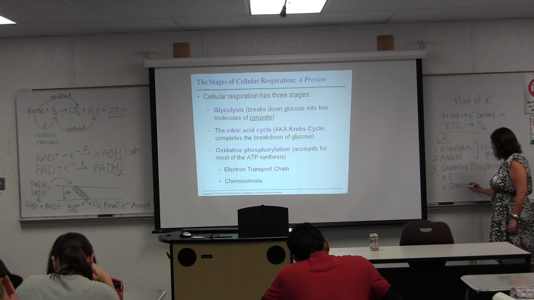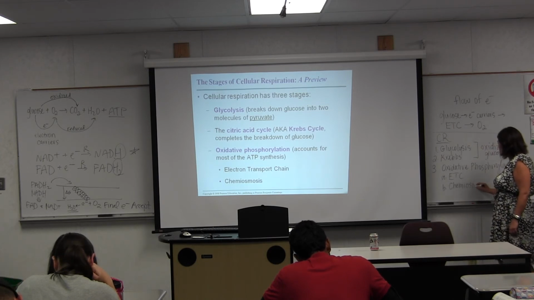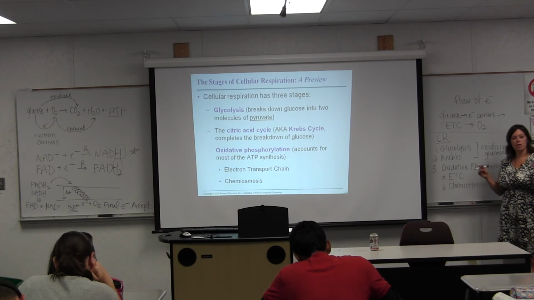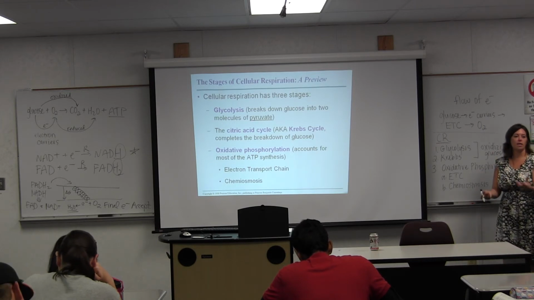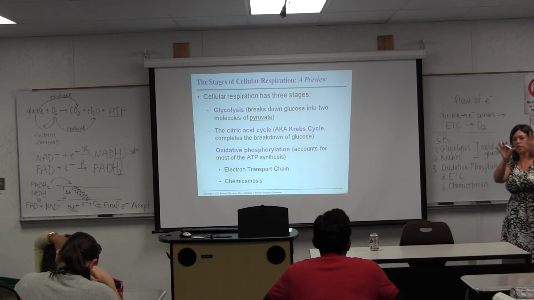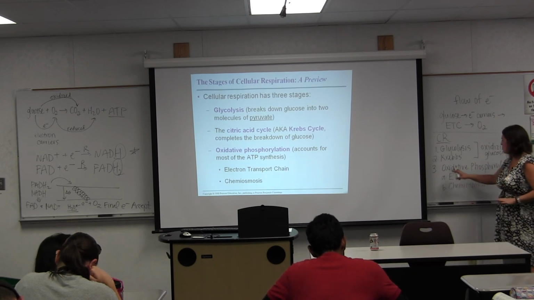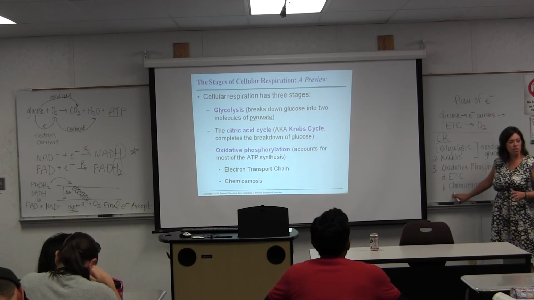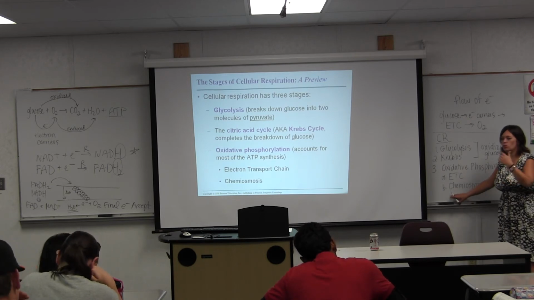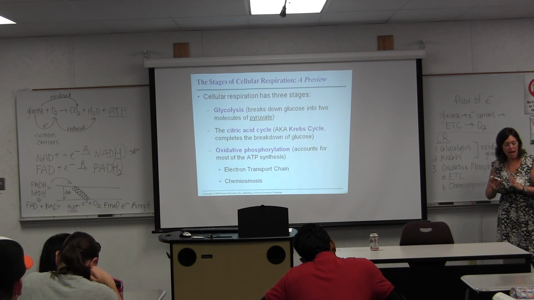And so chemiosmosis, the definition in general terms, is using some sort of gradient. Remember when we talked about membranes, we had active and passive transport, we had with the gradient, we had against the gradient. So same sort of thing. So chemiosmosis is using a gradient of something in order to power something.